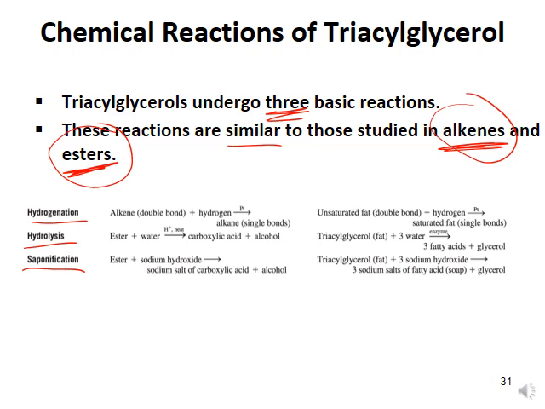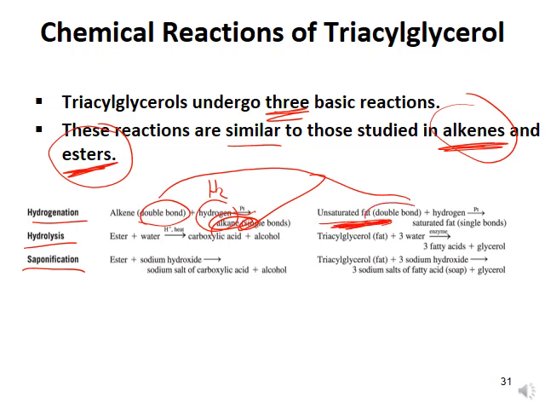Hydrogenation means add hydrogen and take the double bond and turn it into an alkane. Okay? Or take an unsaturated fat, which has double bonds, and turn it into a saturated fat with single bonds by adding H onto a double bond.